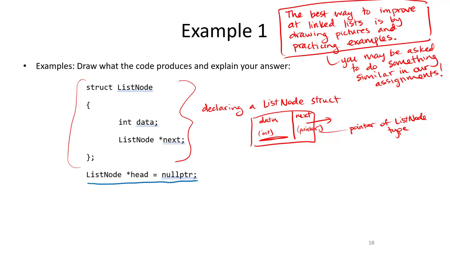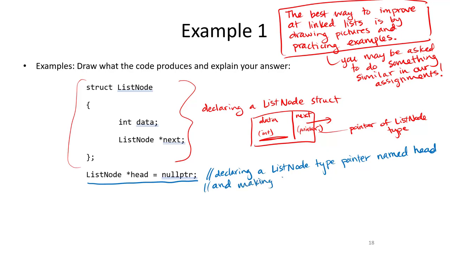But what happens here? In the second line of code, we are declaring a list node type pointer named head, and we're making head point at null.